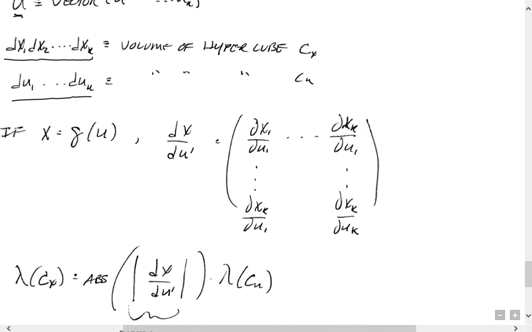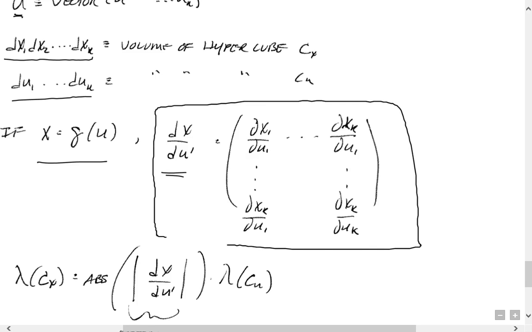So if I can express x as a function of u, this is a vector valued function, then I can get my derivative of x with respect to the vector u as a matrix. That is this matrix here. So it's the partial derivative of x1 with respect to u1, and keep that going down to xk with respect to u1.